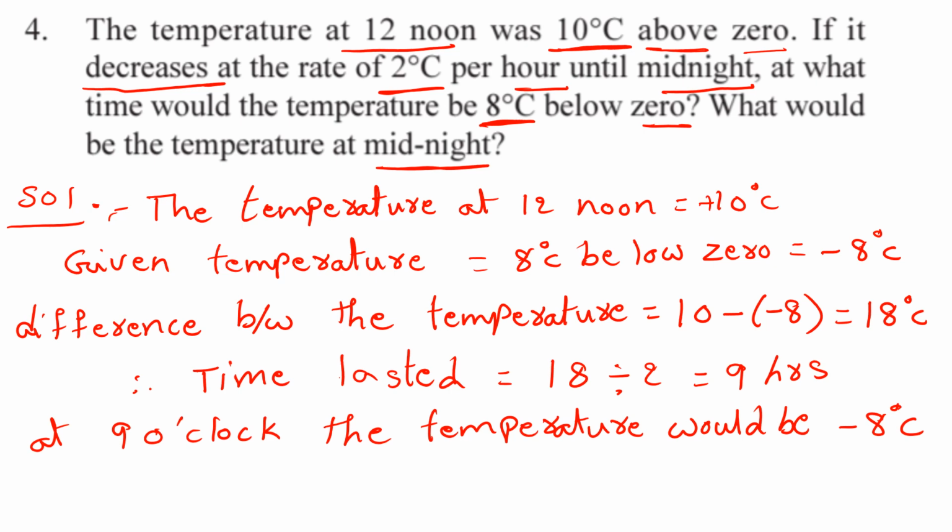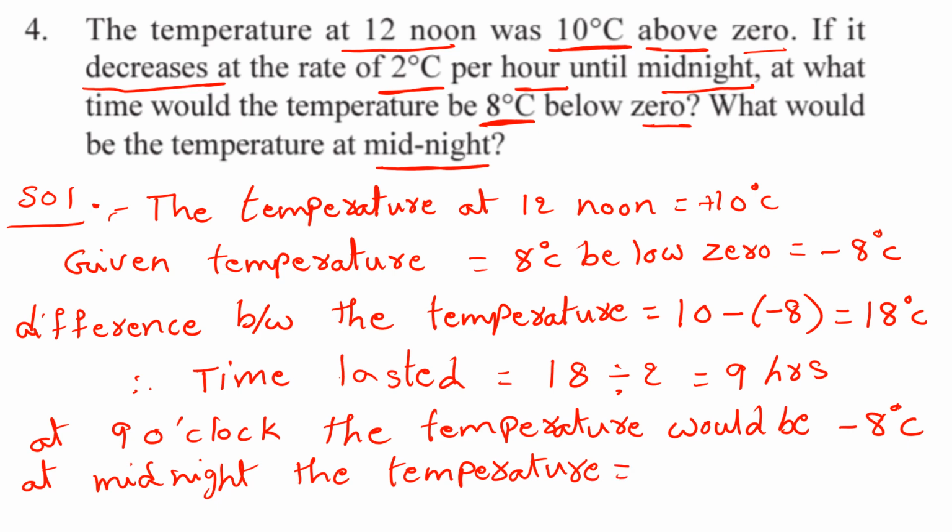So what is the temperature at midnight? It is already plus 10 degrees centigrade, plus 12 into minus 2.